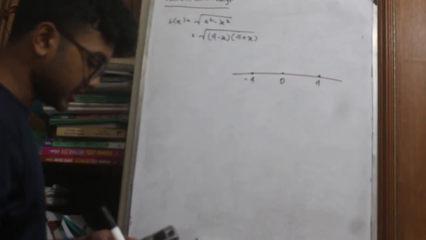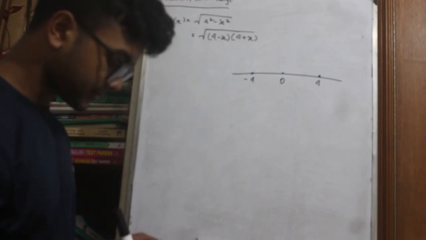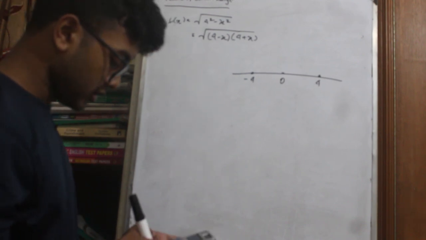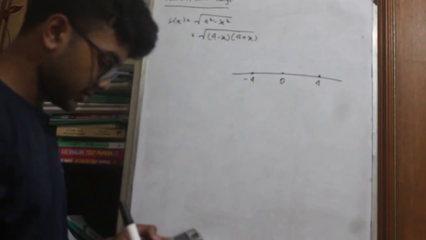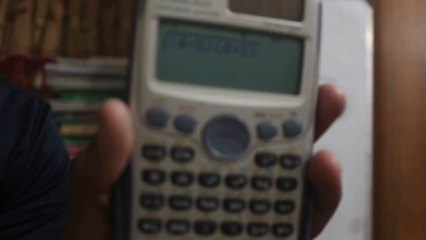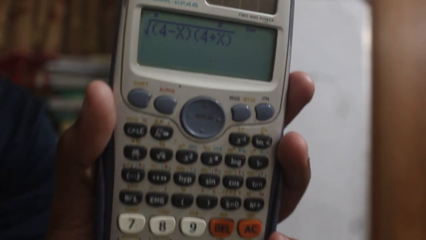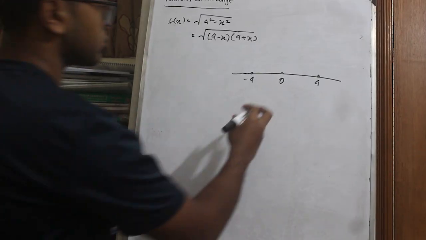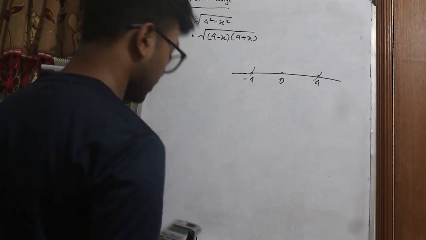We just put this into our calculator, 4 minus x and 4 plus x. We put in just one value from one segment.